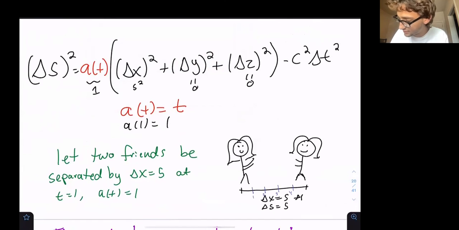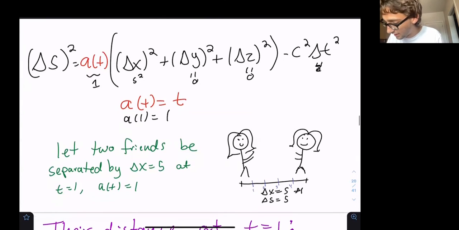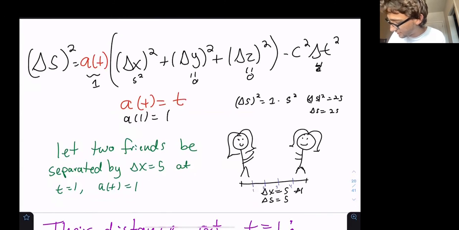The change in time is 0, because we're not looking at the change in time, we don't want to get that in depth. So ds squared is just 1 times 5 squared, which equals 25. Their distance is 5 from each other.